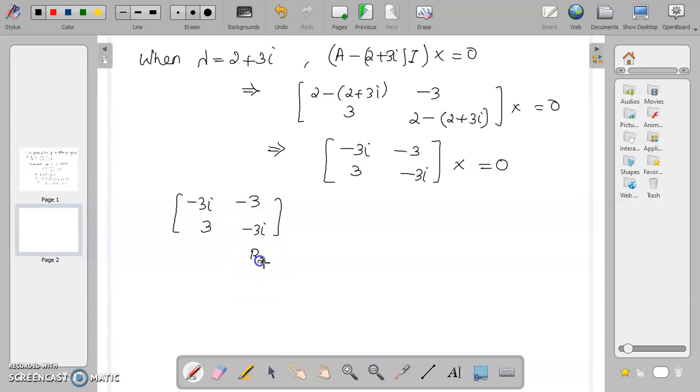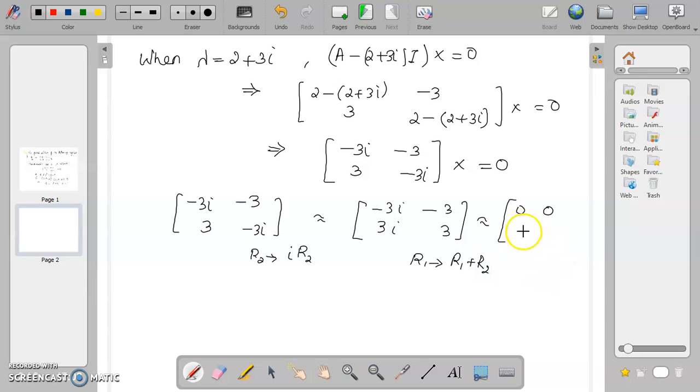So take R2 goes to i R2, so that will give minus 3i, minus 3, then 3 and i square is going to be minus 1, so that is a multiple of the other, so you are going to get 0, 0. So take now R1 goes to R1 plus R2, so you will get 0, 0, then 3i, 3.